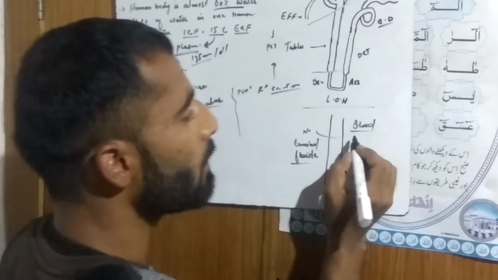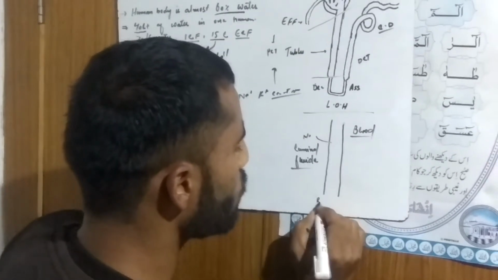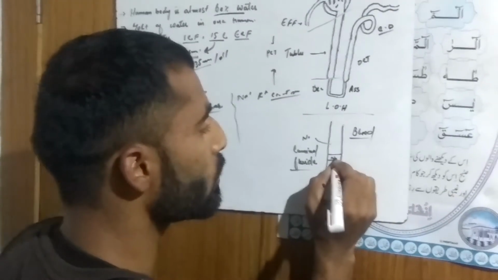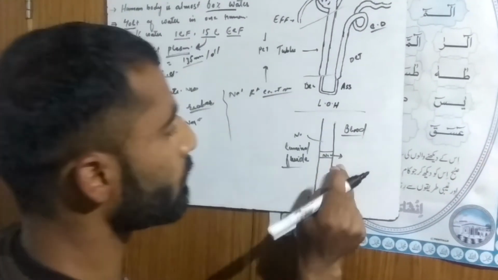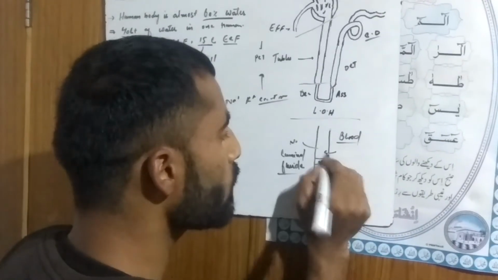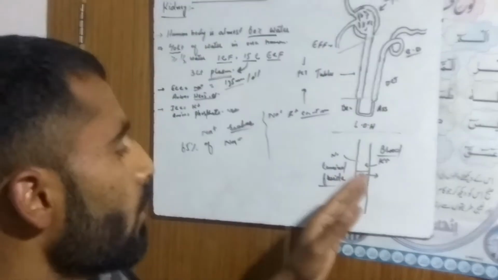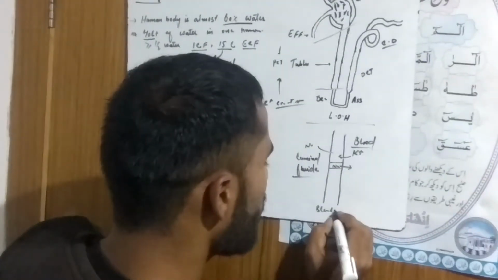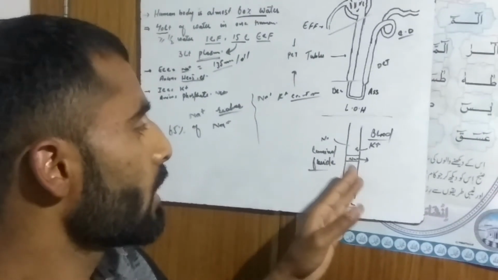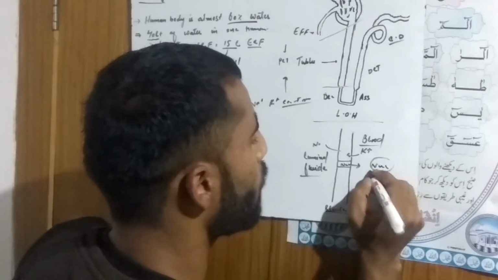From the basolateral membrane, the interstitial spaces, the sodium moves into the blood, and in exchange for sodium, potassium moves in. From the blood, potassium moves into the basolateral interstitial spaces, and from those spaces the sodium moves into the blood. So they are the Na+ K+ pump operators.